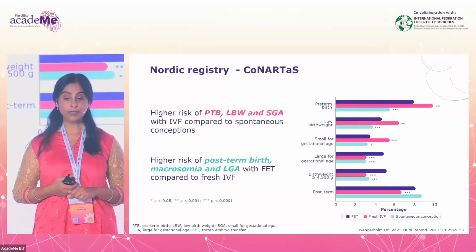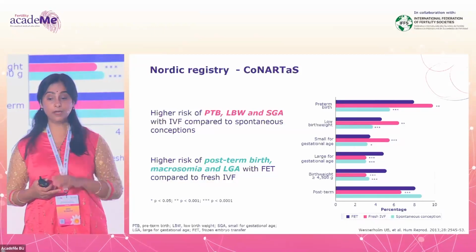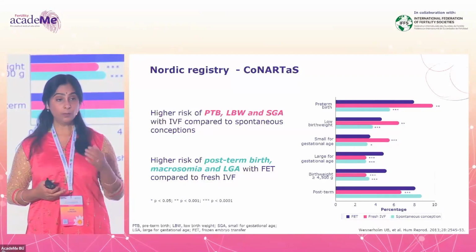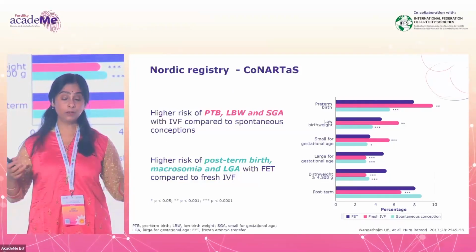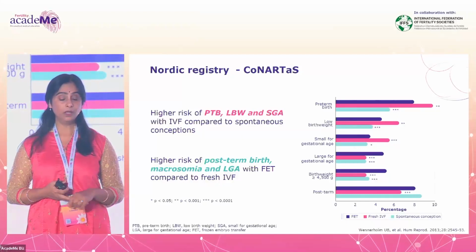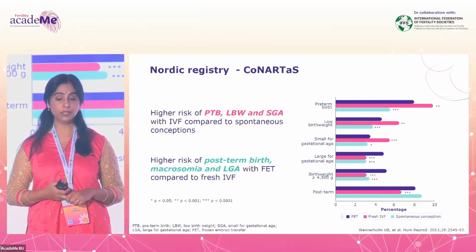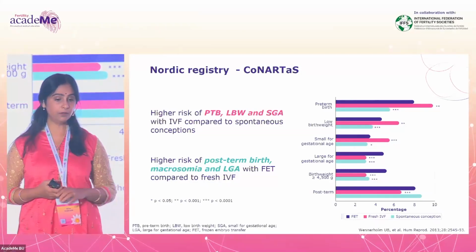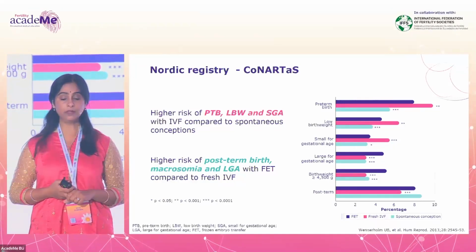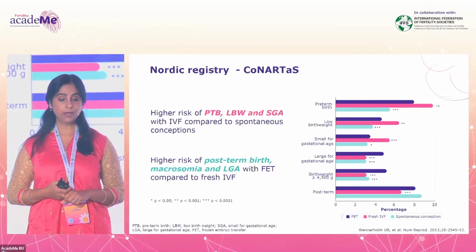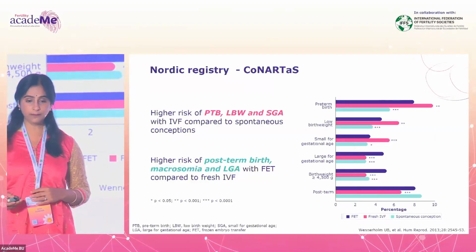And what it shows is that the fresh and the frozen embryo transfers have higher risk compared to the spontaneous conceptions. Now it is common knowledge, but when this evidence came early on, it showed a higher risk of preterm birth, low birth weight, and small for gestational age with IVF compared to spontaneous conceptions. But again, in the frozen embryo transfers, there's a higher risk of post-term birth, macrosomia, and large for gestational age compared to fresh embryo transfers.